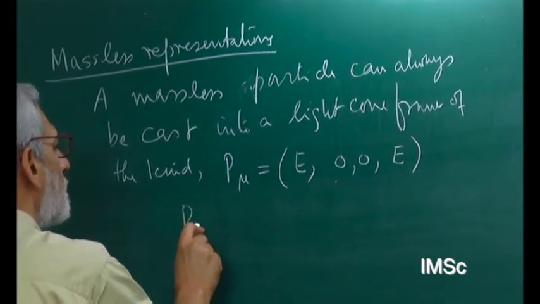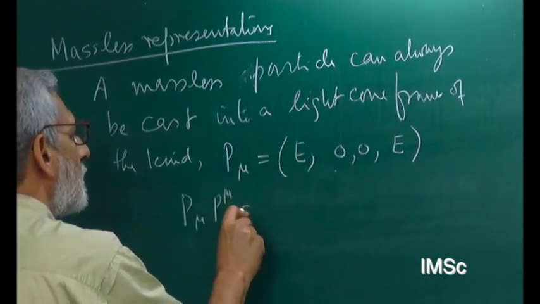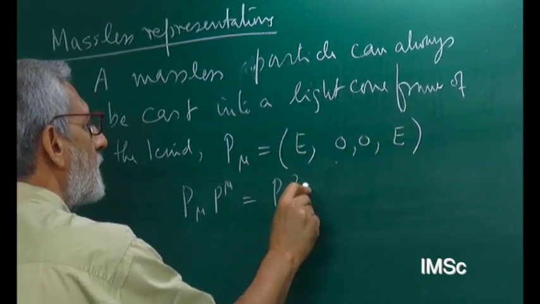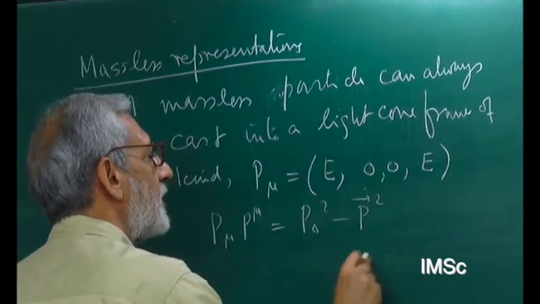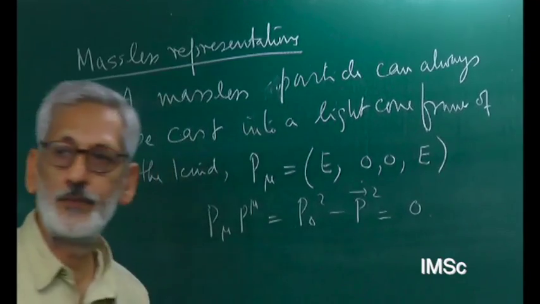So that p^mu p_mu, which is p0 squared minus 3 momentum squared, is 0.